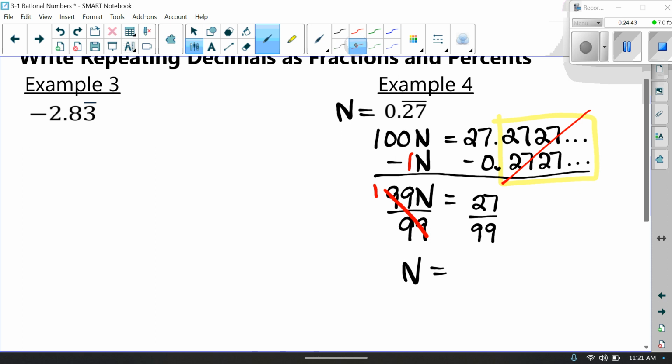So let's divide here by 9 and divide here by 9. 27 divided by 9 is 3, and 99 divided by 9 is 11. Is everybody clear? So 0.27 repeating as a fraction is 3/11.